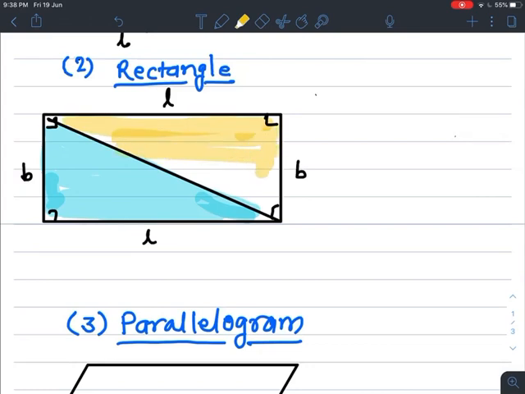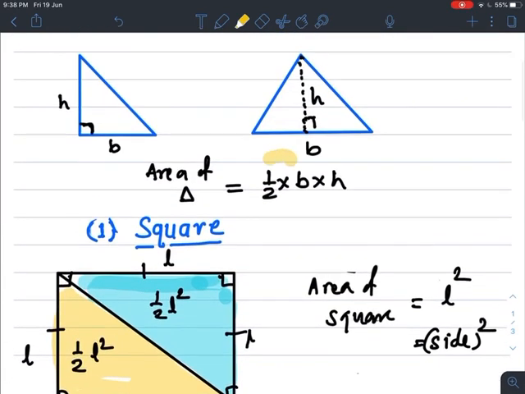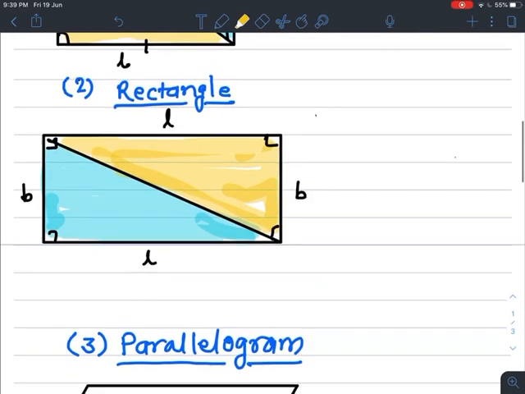Now with the help of the area of a right angle triangle, you know it is half into base into height. So similarly here we can find the area of the first one, the blue triangle: half into base, this is the base, then this is the height.